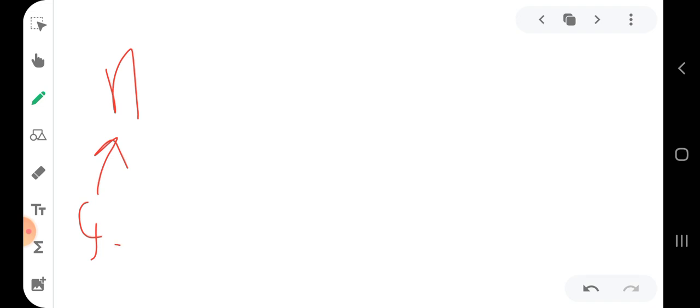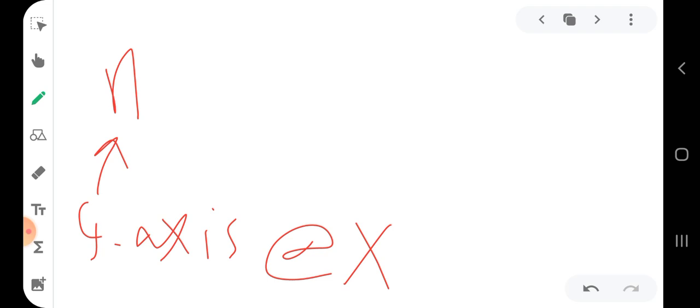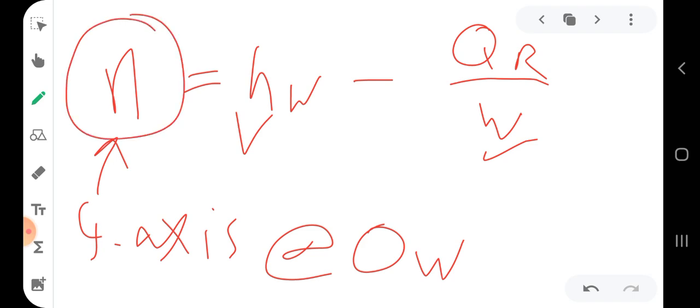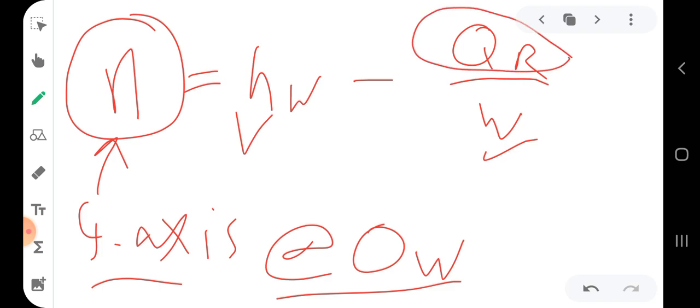This y-axis value at OW will be equal to HW minus QR over W. I know HW from the graph, I know W from material balance, I know N from the y-axis at OW. I can use a solver to determine the duty, QR. Once I determine the duty, this is the end.